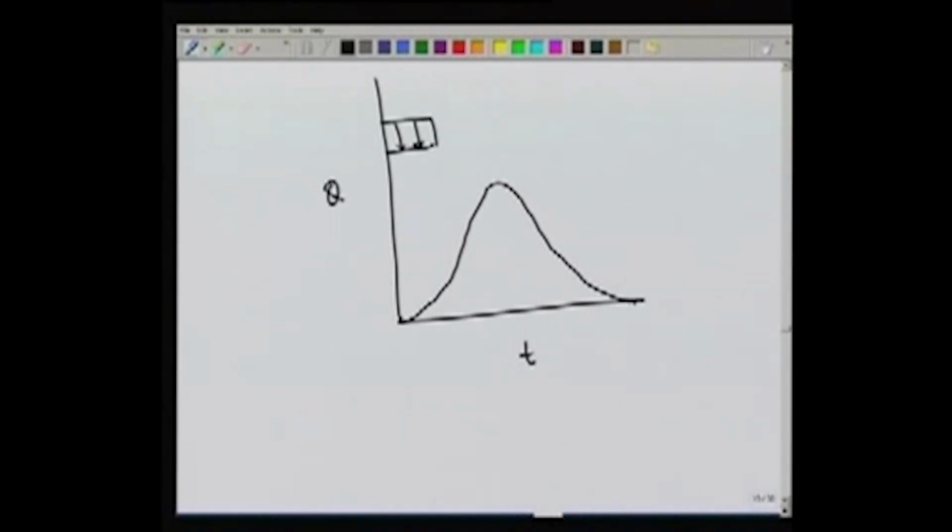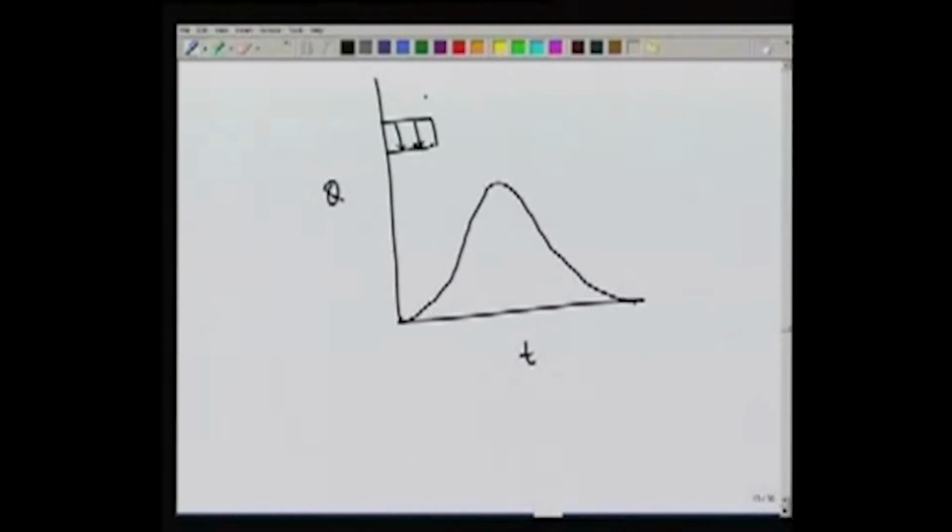So this is a very simple description of the hydrograph for a uniform rain occurring over the catchment. If the rain is not uniform, sometimes the hydrograph may look like this. In that case, the hydrograph may have a very different shape. It may go like this.